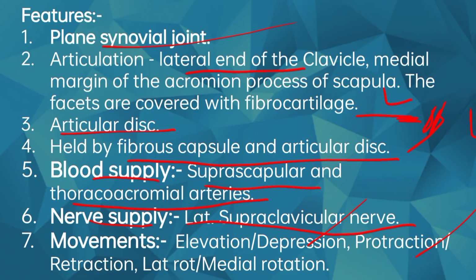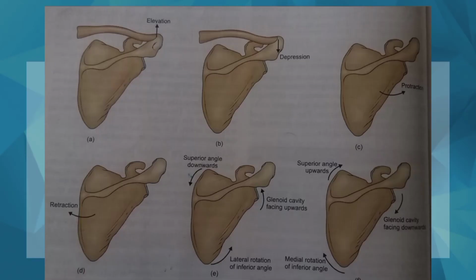It is associated with depression of the lateral end and elevation of the medial end of the clavicle. Now this is very self-explanatory. This is elevation: lateral goes up, medial comes down. In depression, lateral comes down and medial stays up.